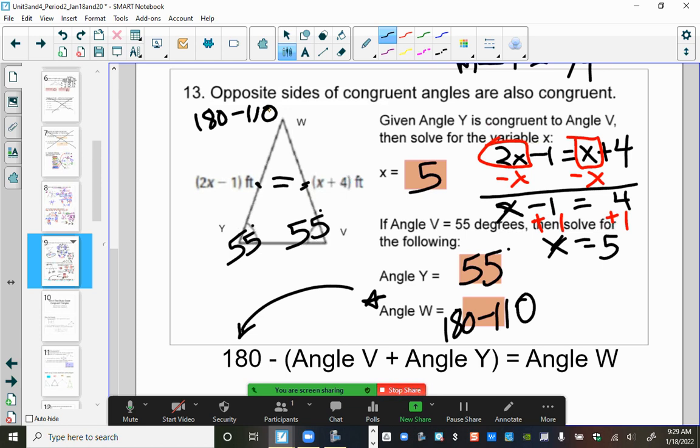So what's 180 minus 110? 70. 70 degrees is your final result. This top angle, angle W, was 70, not 110. A lot of us did not subtract the sum of these two angles from 180. That's what happened on the test.